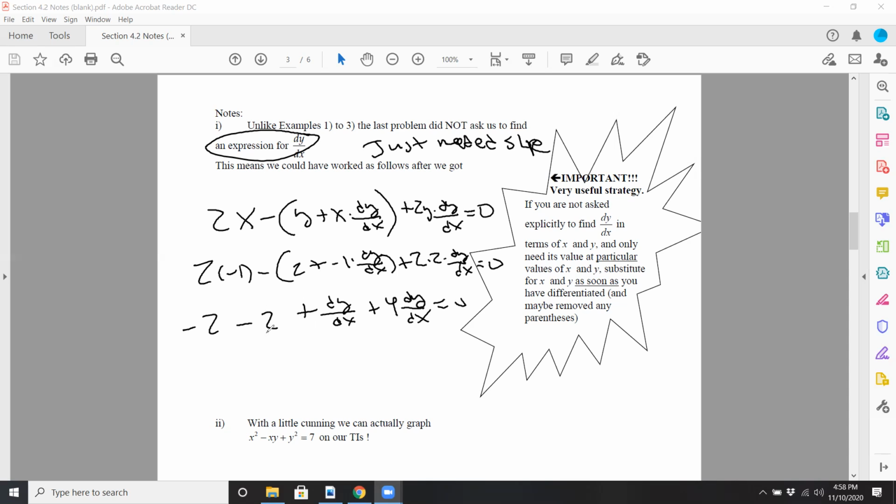So -2 minus 2 is -4. Move that to the other side, it becomes +4, and you have 5 dy dx. So dy over dx is 4/5. You could have done it that way also if you so desired.